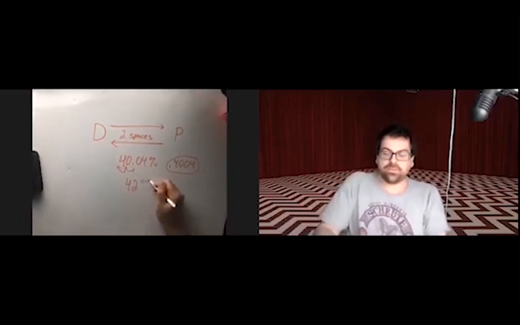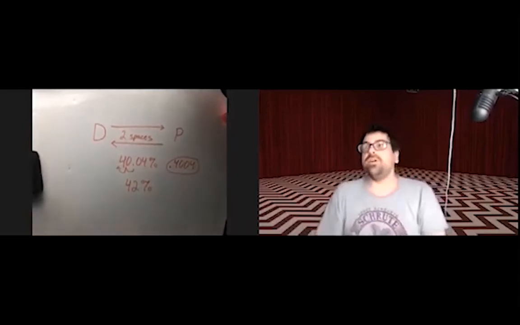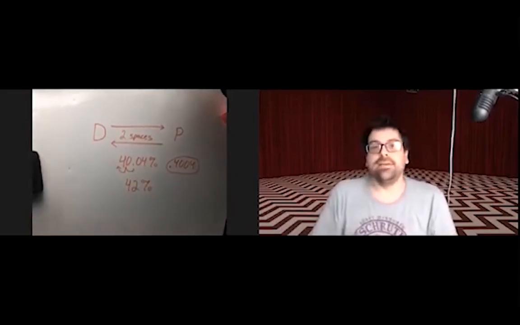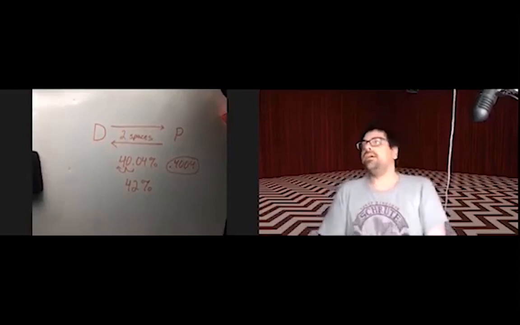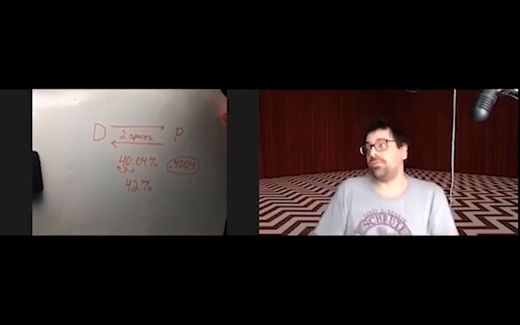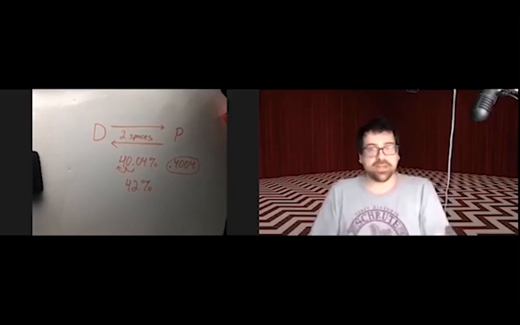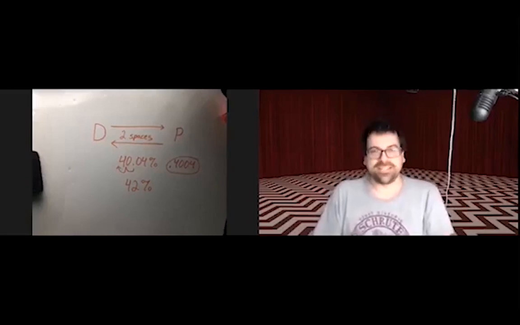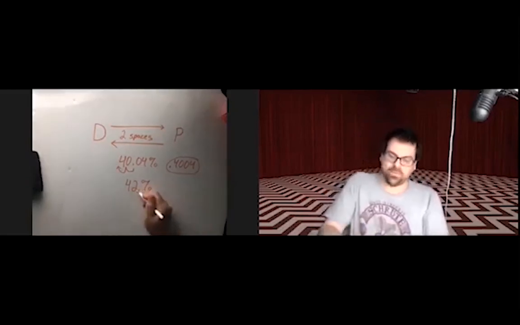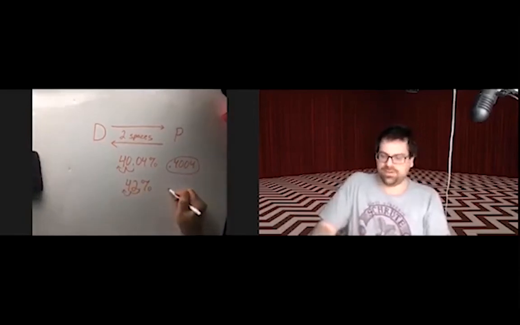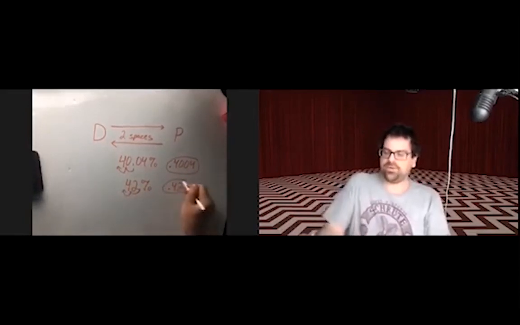You'll get some problems where the percent you need to convert is hidden in a statement, like people take aspirin for a variety of reasons. The most common use of aspirin is to prevent heart disease, accounting for 42% of all aspirin use. What's 42% as a decimal? 1, 2. 0.42.